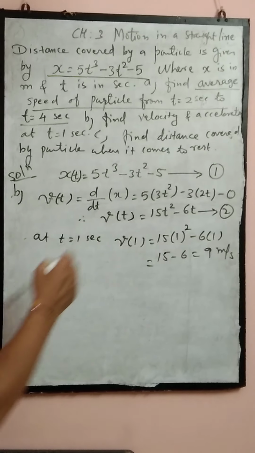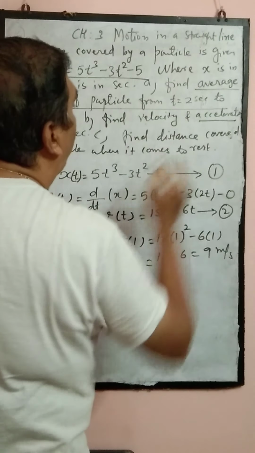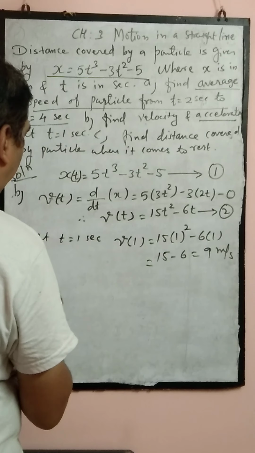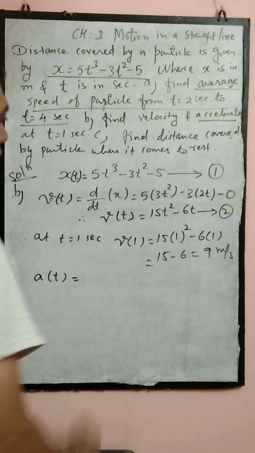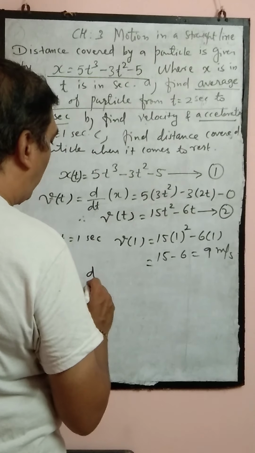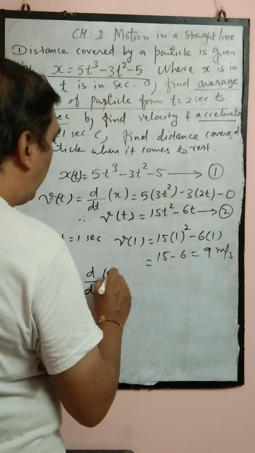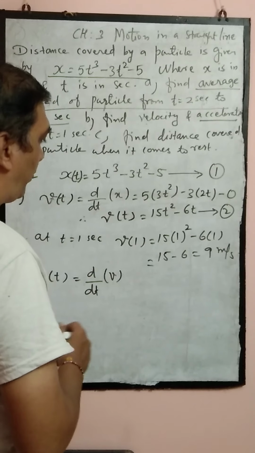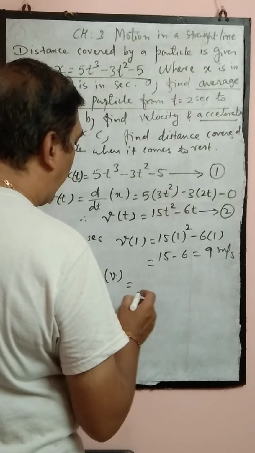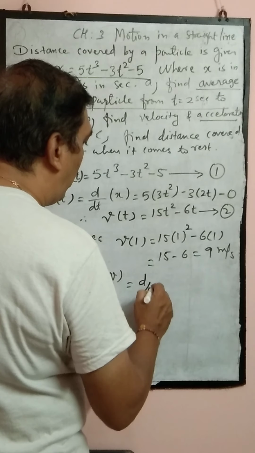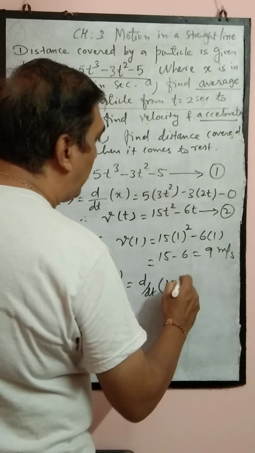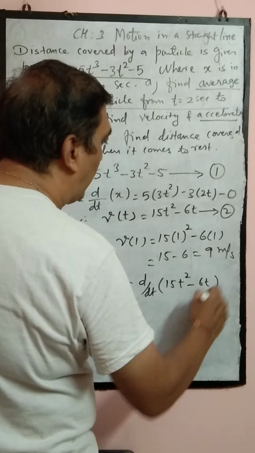Now in the second question we have to find out acceleration also, which can be obtained from equation 2. So acceleration is also a function of time if we differentiate equation 2 with respect to time. So d/dt of v, the expression of v from equation 2, is 15t square minus 6t, right?